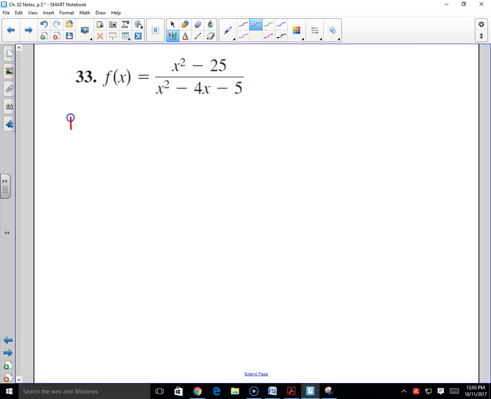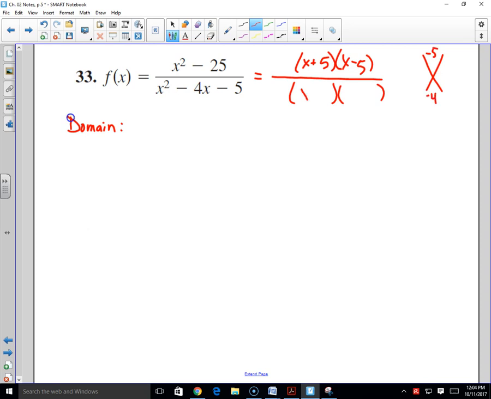Okay, so domain. Well, yesterday, my advice to you was the very first thing you should try to do is factor and simplify if possible. Do you guys see the difference of squares? Yeah. On the bottom, some of you might need to think about factors of -5 that add to be -4, but it does end up being x minus 5.